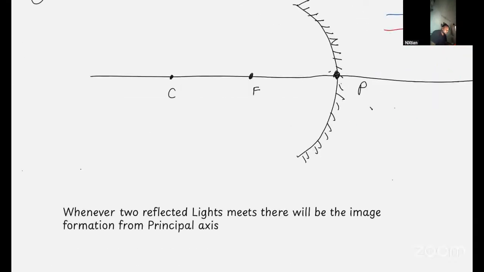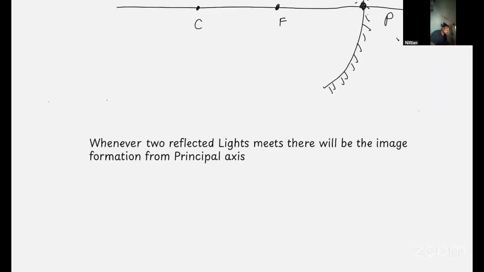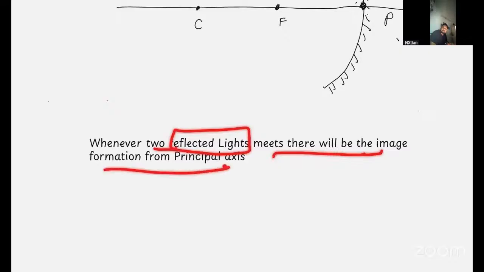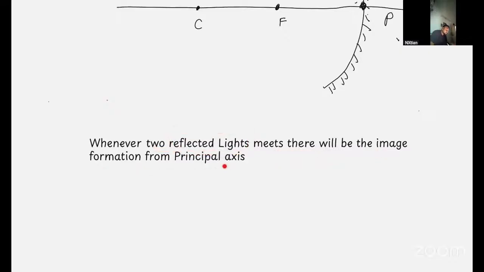Now remember this thing. I wrote this line. Whenever two reflected lights meet, there will be the image formation. Reflected lights means two red lines. Whenever two red lines meet, there will be the image formation from the principal axis.